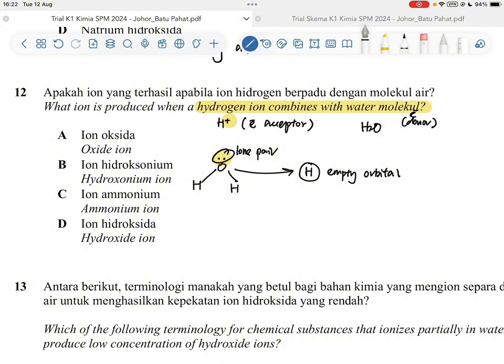So this is actually the formation of a coordinate bond, or we say dative bond. This is just extra knowledge which you need to understand when you sit for your SPM exam. So when it combines together, it will form the hydroxonium ion.